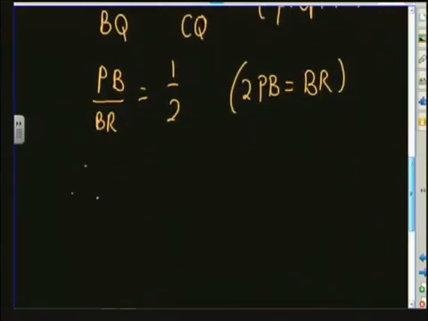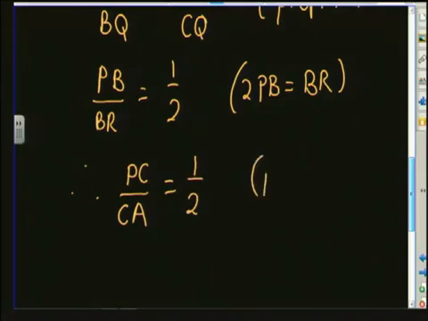Therefore, we can say PC over CA is equal to 1/2. And the reason for that, either state your parallel lines or you can say proportion theorem.